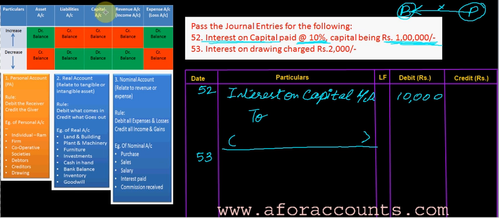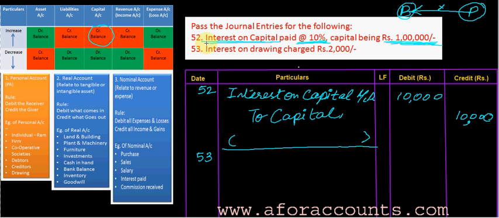See, when the capital increases, I have to credit it. So interest on capital account debit to capital. My capital account has also increased by 10,000 because the interest I had paid to the proprietor has been added to the capital which is put into the business.